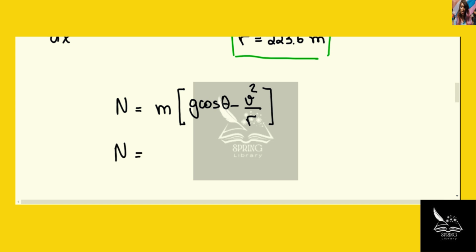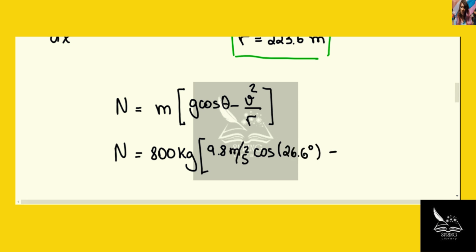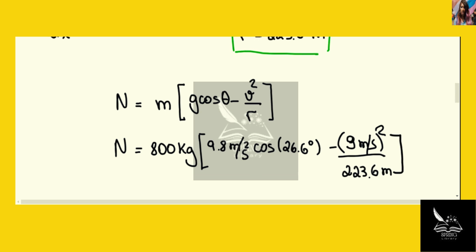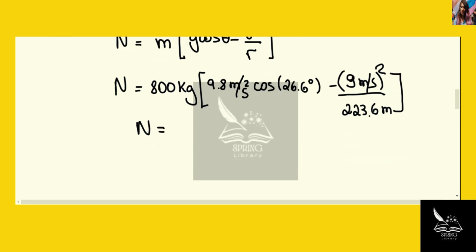So we have that m is equal to 800 kilograms, g is 9.8 meters per second squared times the cosine of 26.6 degrees minus v squared, so that is 9 meters per second squared, divided by the radius of curvature, which, as we found, is 223.6 meters. So N is equal to 6.72 kilonewtons.